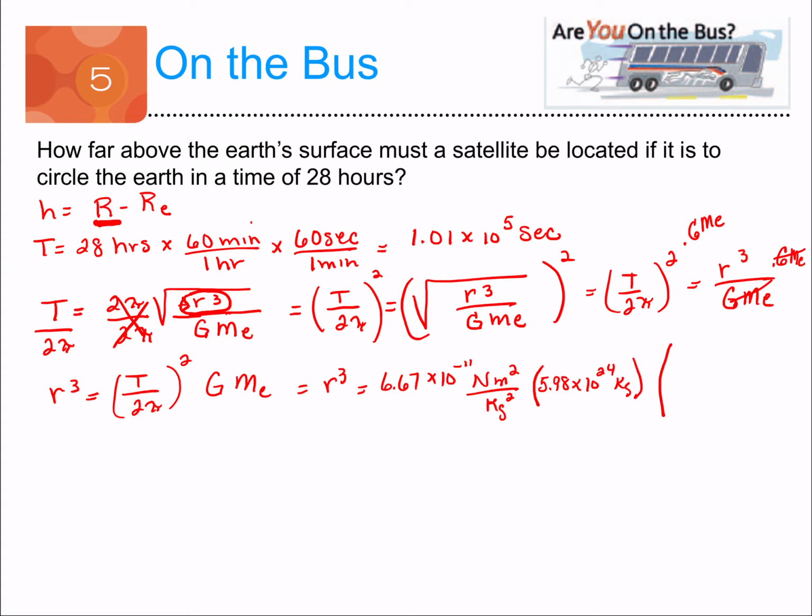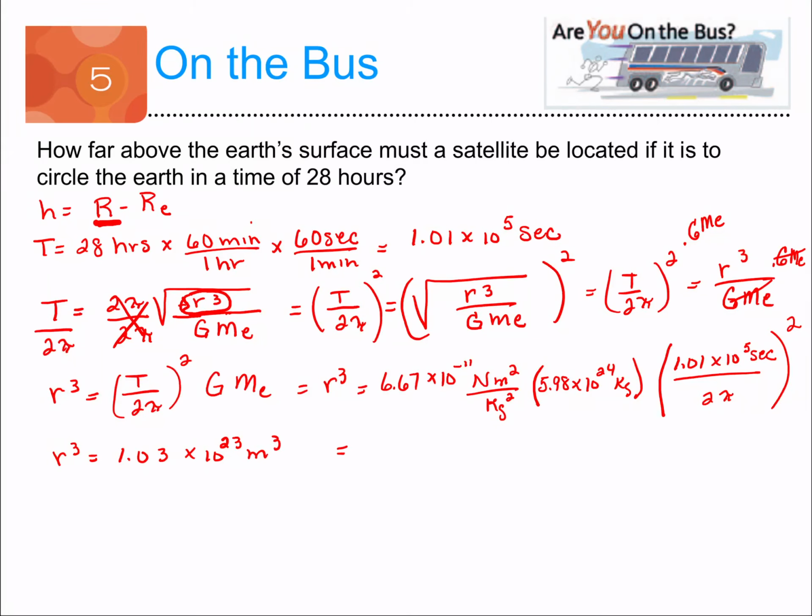We're multiplying it by our period, which we converted to 1.01 times 10 to the 5th seconds, divided by 2 pi, and that's all squared. So we wind up with r cubed equals 1.03 times 10 to the 23 meters cubed.